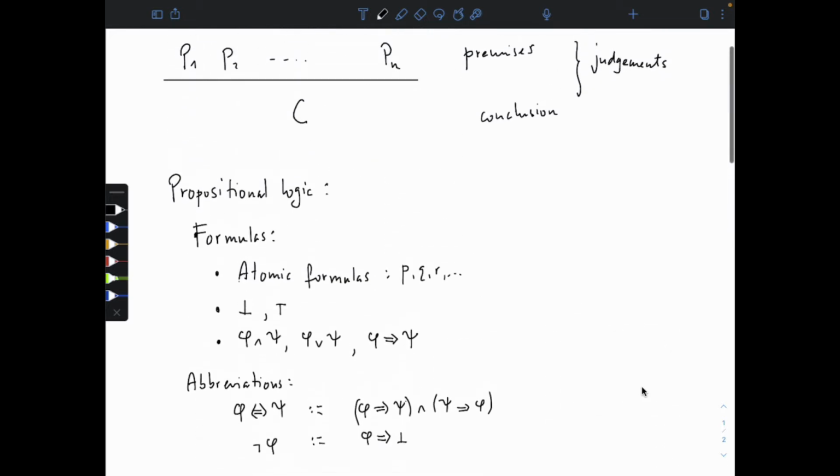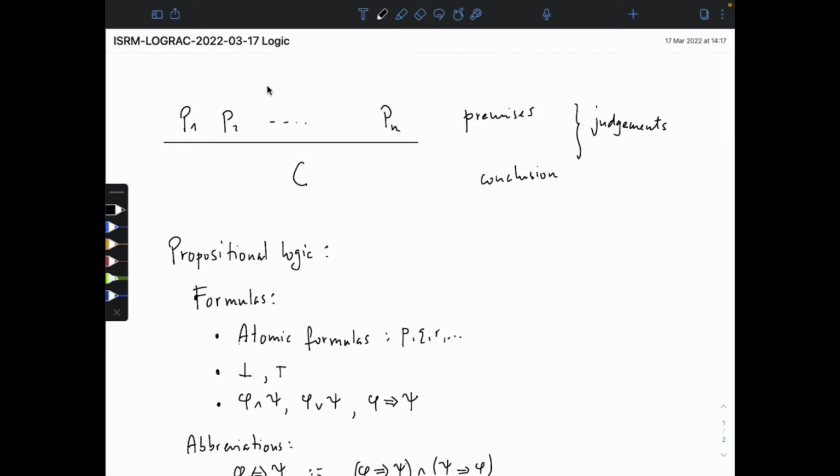A rule of inference is something that describes a logic. It tells you how to use a logic. It doesn't tell you anything about what's true out there, or what is true about a mathematical structure. It's telling you how to construct a certain object.